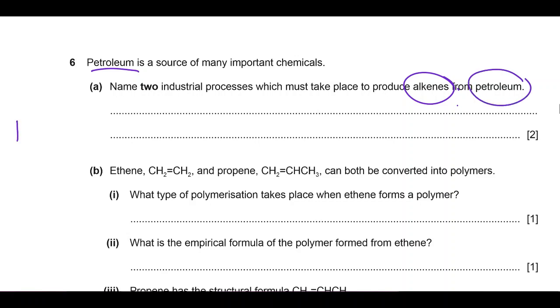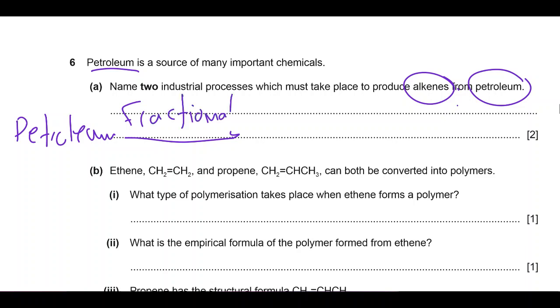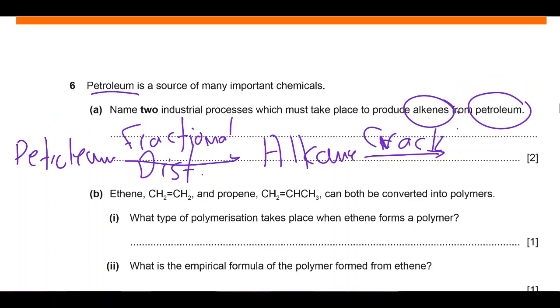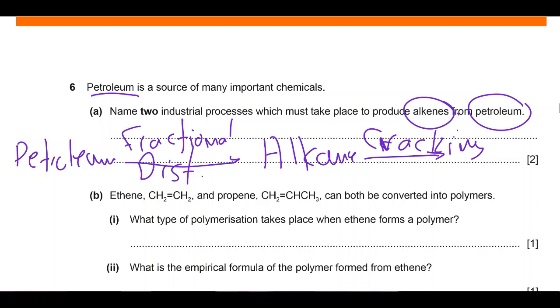So first of all, here petroleum, you have to make fractional distillation to obtain alkane, and from alkane you are going to do cracking to get alkene.